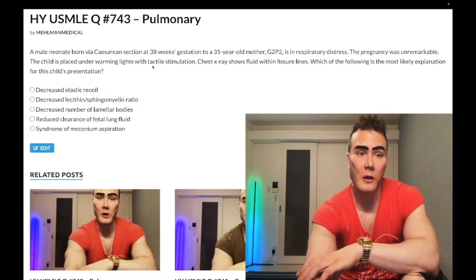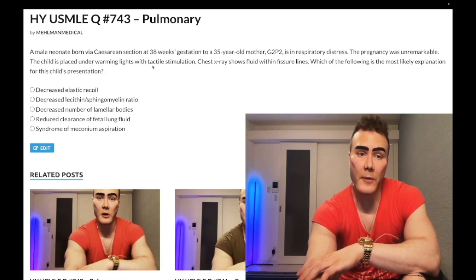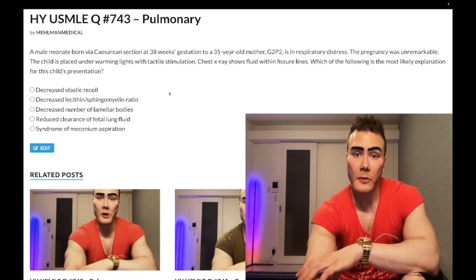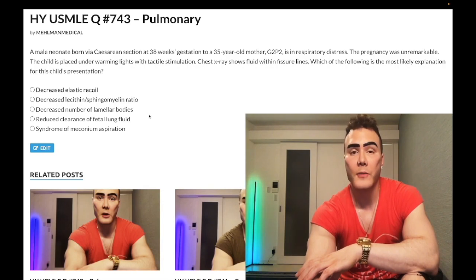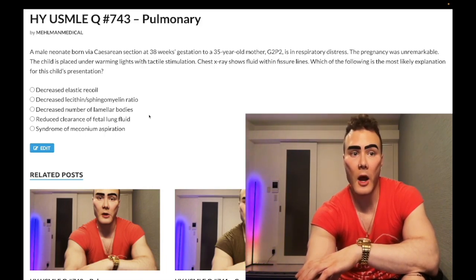It can technically be a rushed vaginal delivery as well, a quick vaginal delivery. But for kids who are born at term via cesarean section, the mechanism of fluid accumulation within the lungs is decreased time for pulmonary lymphatics to clear amniotic fluid out of the lungs. That's one of the mechanisms. It's also thought that with cesarean section, you're not getting this quote unquote squeezing action that could help propel fluid out of the lungs that a vaginal delivery would facilitate.